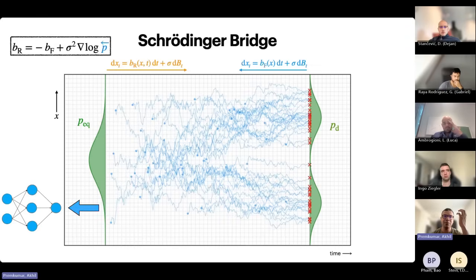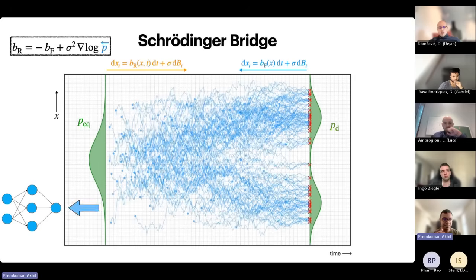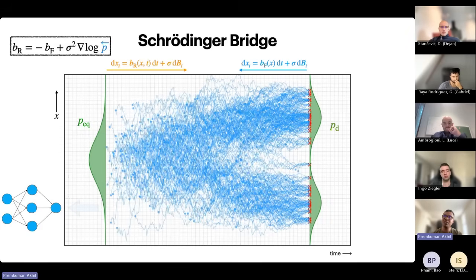And I can have a neural network monitor the situation. And if I do that, the neural network learns, like I said, where the particles ought to be in the reverse process. And this structure that appears here, this blue, sidewise Y shape, that is the Schrodinger bridge.